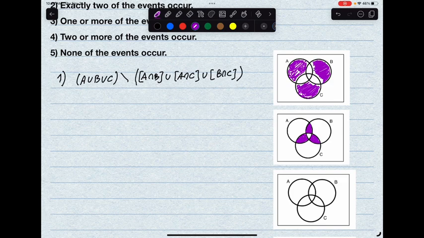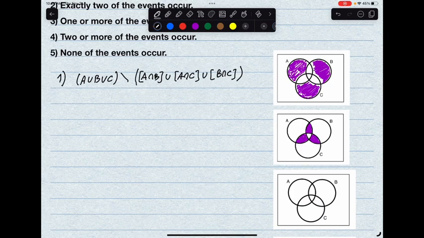So what is the expression for this? We can write the expression in different forms, okay? It's not unique. You can look at the question in different ways. For example, from the union of A, B, and C, we eliminate part one of the question, which gives us only exactly one occurs, and also eliminate the intersection of all the three.